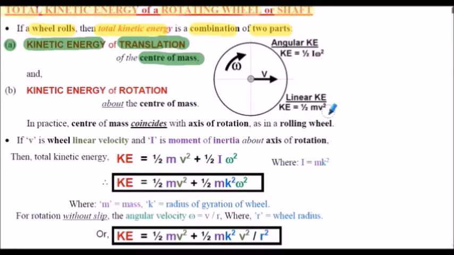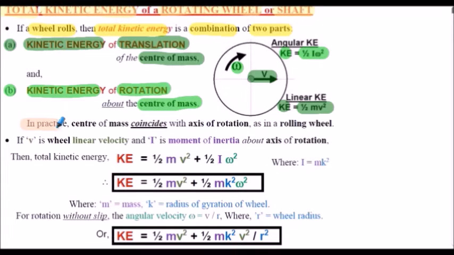That's a linear kinetic energy term, half mv squared, where v is the linear velocity. And also part B, the kinetic energy of rotation about the center of mass. The kinetic energy of rotation is due to angular velocity omega, and the formula for angular kinetic energy is a half I omega squared, which we reviewed in the part 1 presentation.